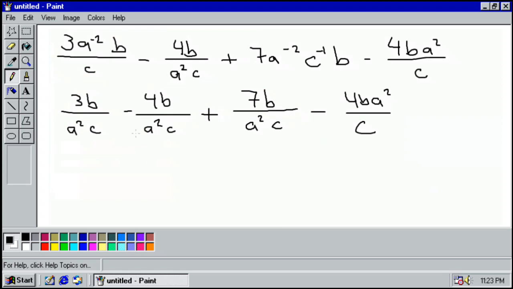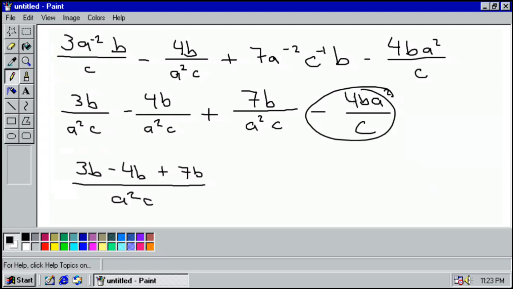So to avoid any confusion, let's have 3b minus 4b, let's put them all together, plus 7b over, since all of them are the same, a squared c. Then let's just copy the other term since it doesn't have any like terms.